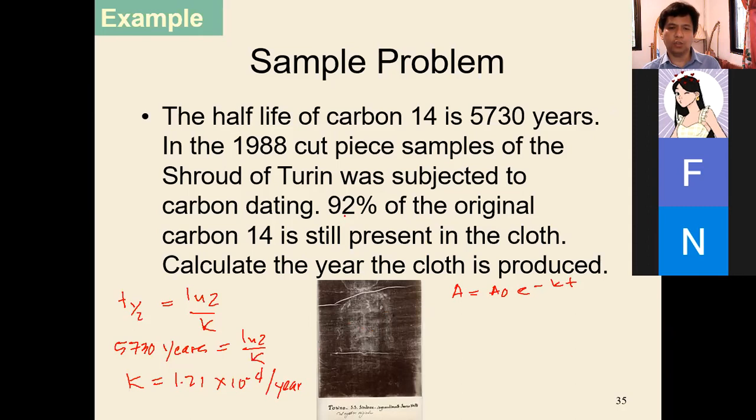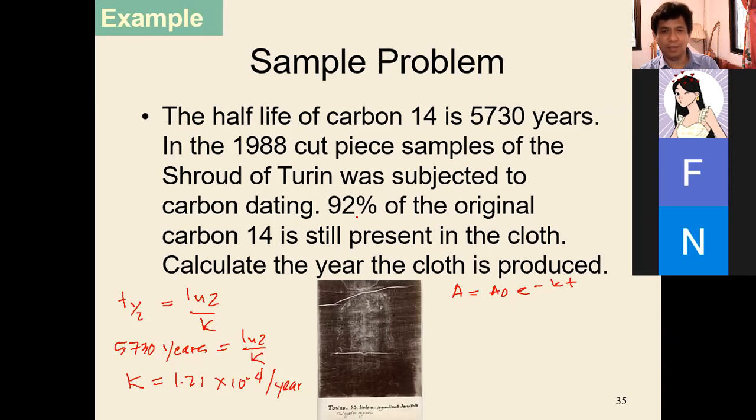Okay. So pag sinabing 92% of the original carbon-14 is still present, anong A nyo? Halimbawa, A sub O is 100. So A is equals to 8 o 92? 92% of the original carbon-14 is still present in the cloth.